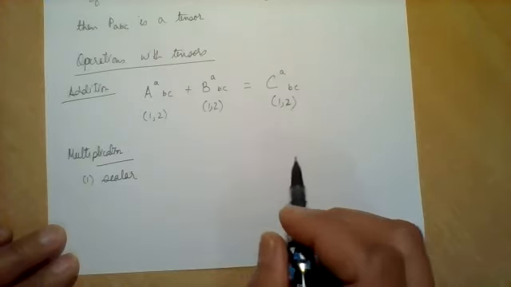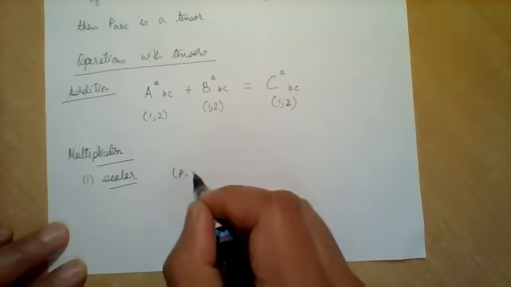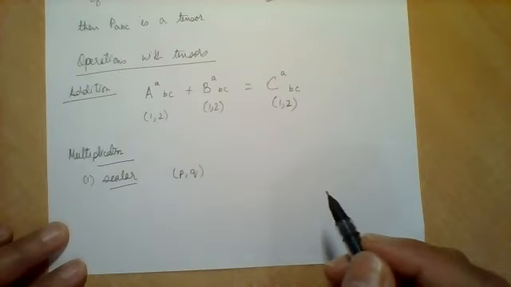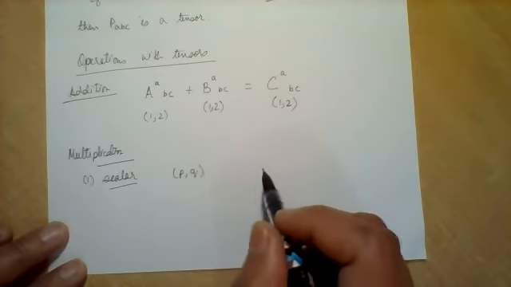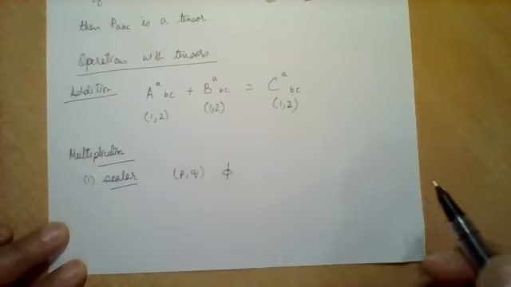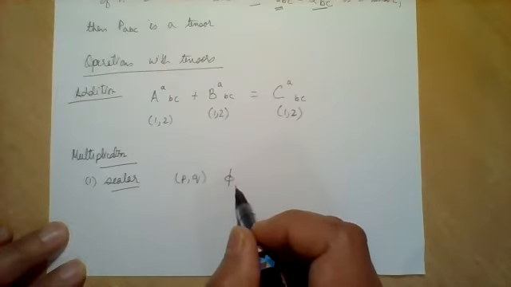Suppose I have a tensor of type (p, q), and I multiply it by some scalar field phi.